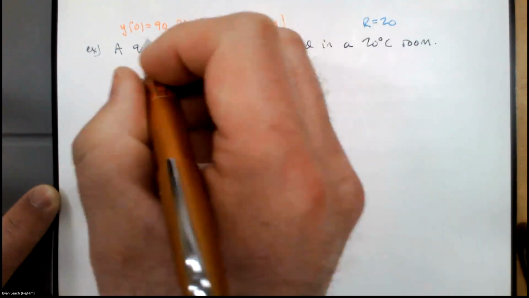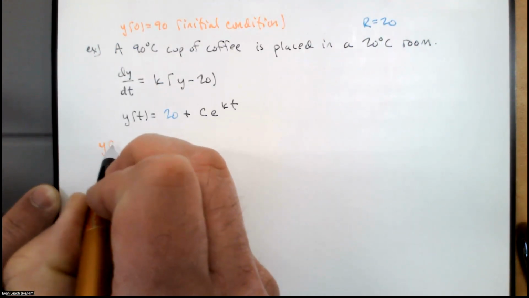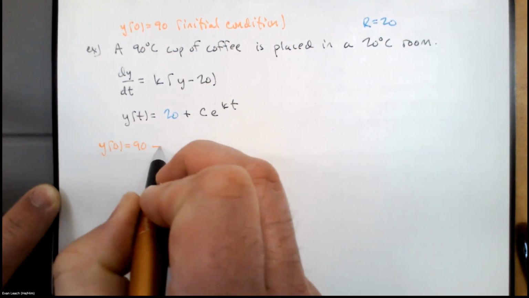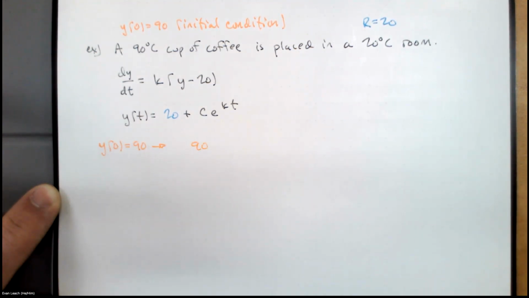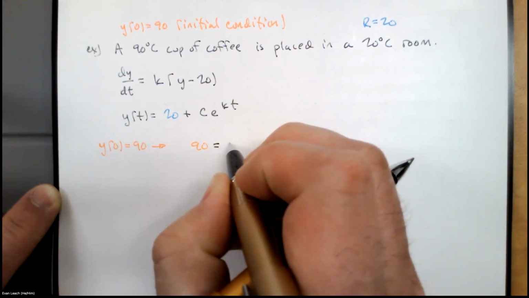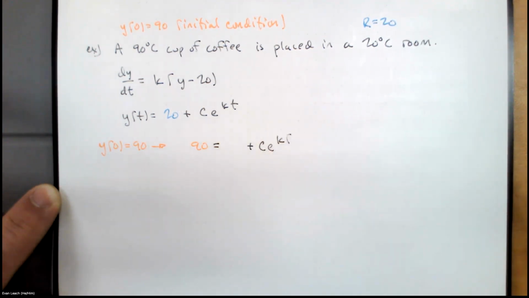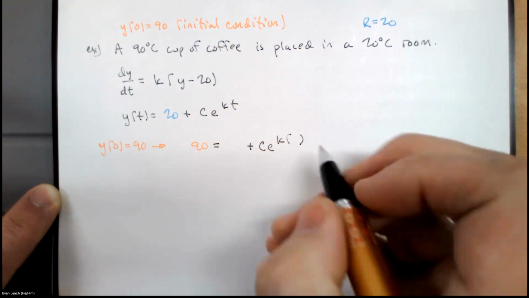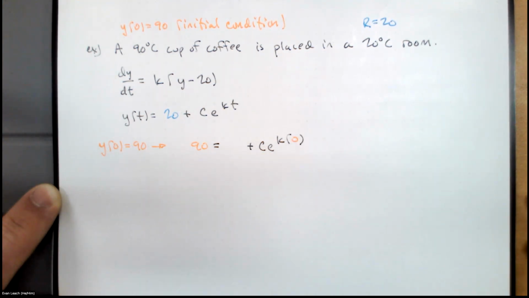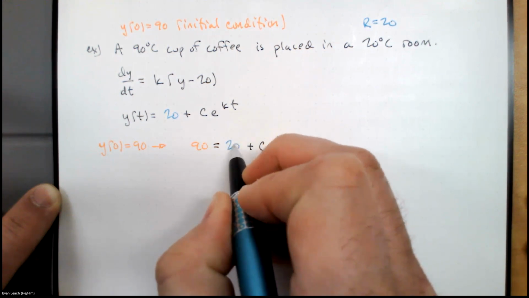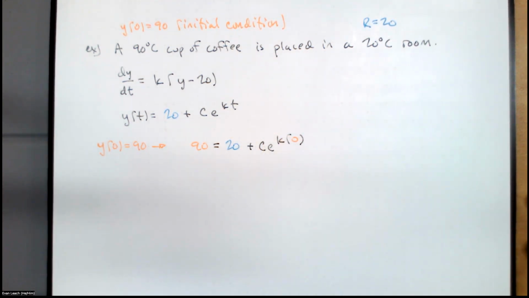Since we know that y of 0 is equal to 90, we can see why I wanted that C to be the coefficient, because that will just be the initial difference in the temperatures.